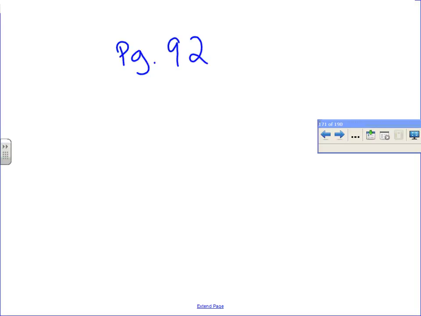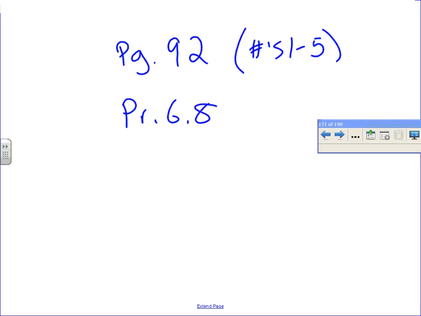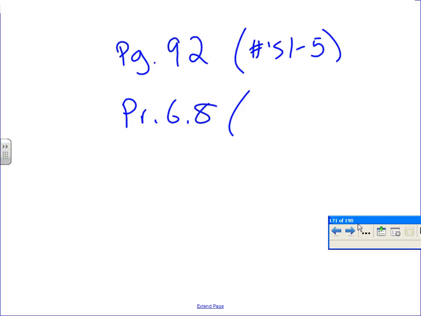So page 92, numbers 1 to 5, and there's also practice 6.8, numbers 1 to 5 as well.